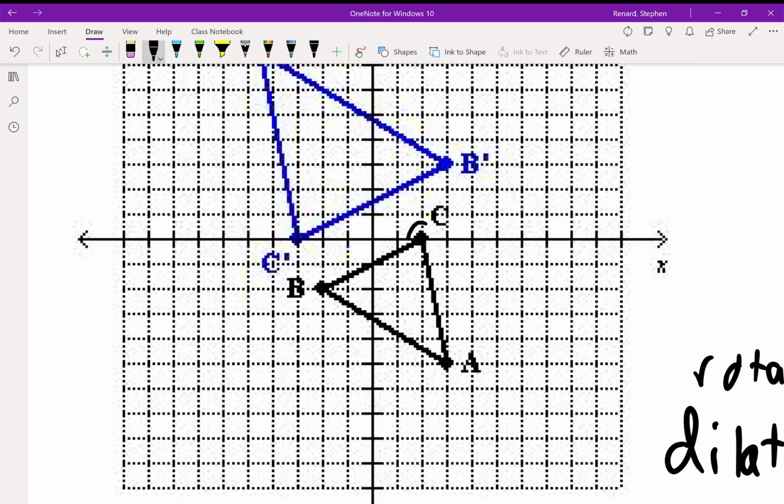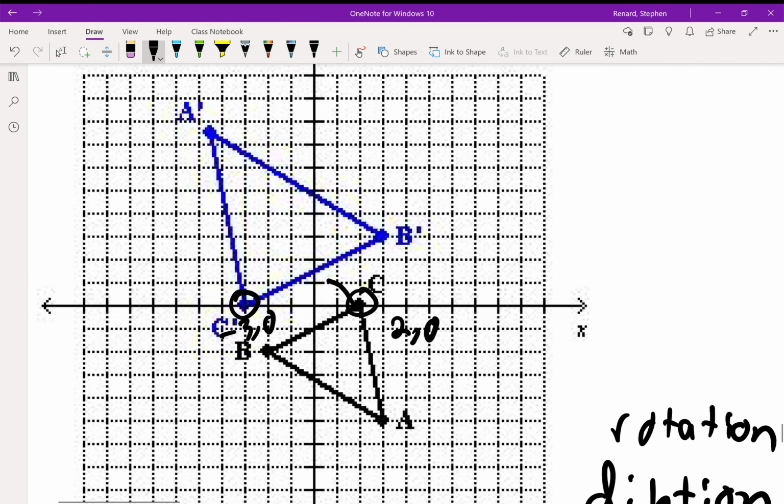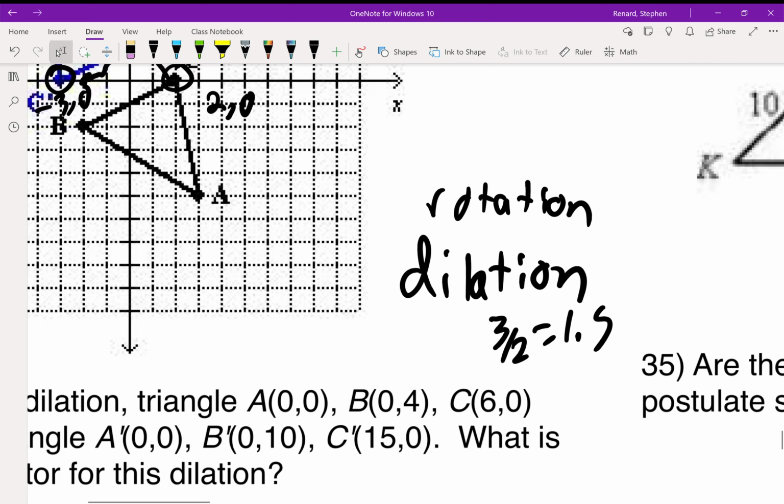C right here is (2, 0). C prime over here is (-3, 0). So if I can rotate C over to here and then do a 1.5 dilation, because 3 divided by 2 equals 1.5, then that could do it.